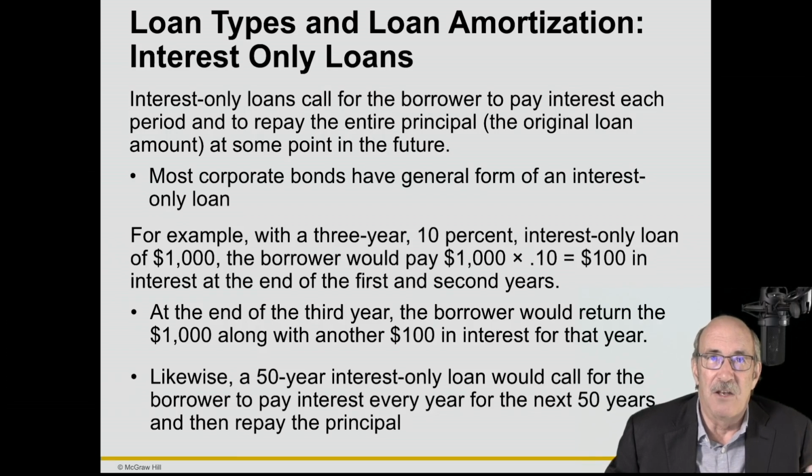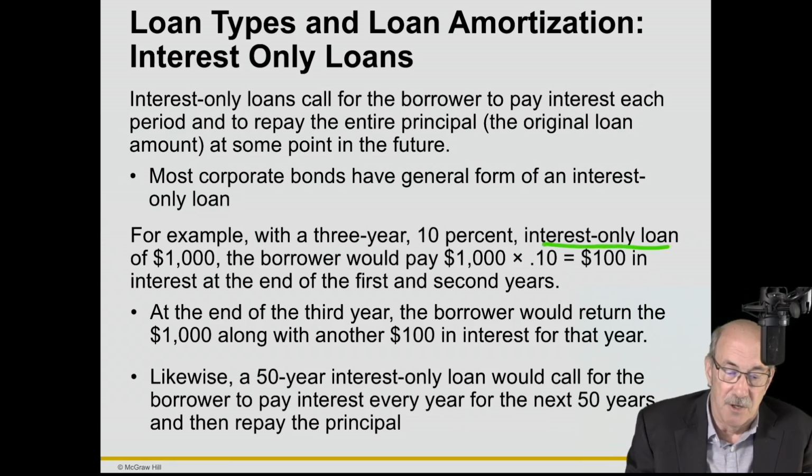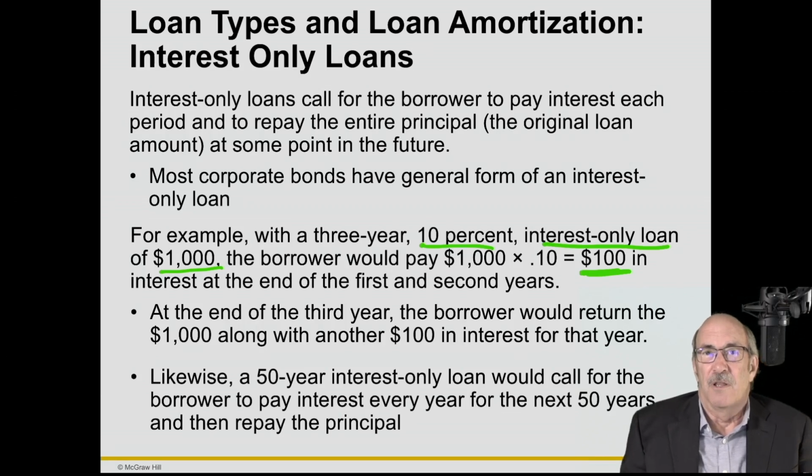And then at the end of the loan, the maturity date, which is usually 10, 20, even 30 years from now, they will repay the principal. So here's an example. We have an interest-only loan of $1,000, and the rate on that is 10%. So every year, the borrower would pay $100 to the lender. And then at the end of the period, the borrower would pay the final $100 plus the principal repayment of $1,000.